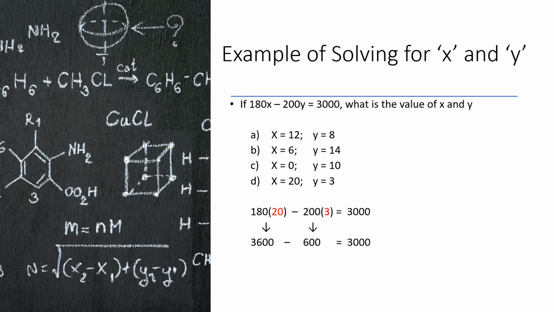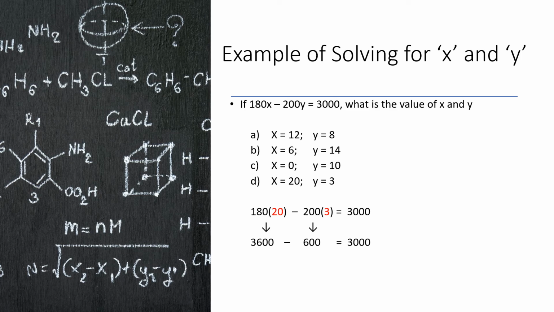Here's an example of solving for x and y, two variables. If 180x minus 200y equals 3,000, what is the value of x and y? You have four choices. A, x equals 12, y equals 8. B, x equals 6, y equals 14.